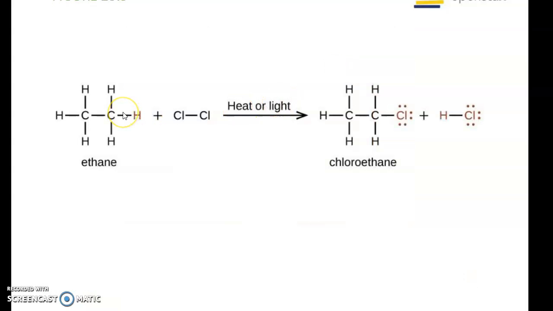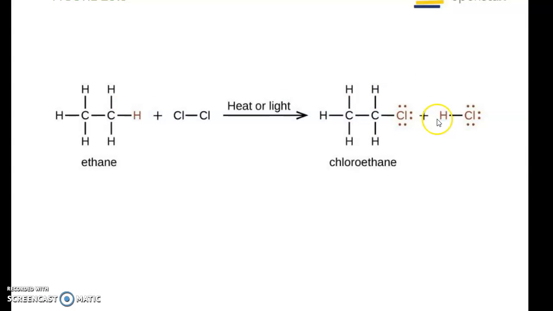So now the reactions that you have for these hydrocarbons is that these bonds right here will react with chlorine or bromine or one of those, and either heat or light will cause them to replace one of the hydrogen atoms with a chlorine atom.